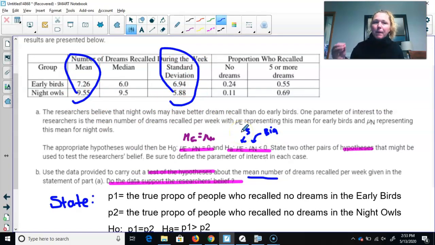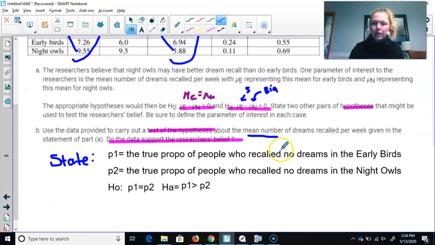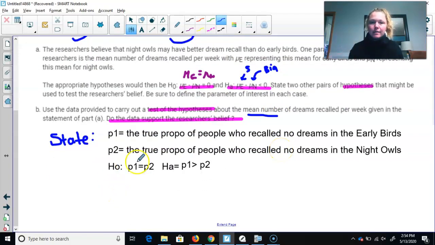Since it's about a mean, you're using a 2-sample t-test for mu1 minus mu2. Next, do the data support the researcher's belief? This again is not a question of saying yes. You're carrying out a test: a state, a plan, a do, a conclude. And the conclude is talking about data supporting the researcher's belief. So as long as you conclude, you have answered this question.